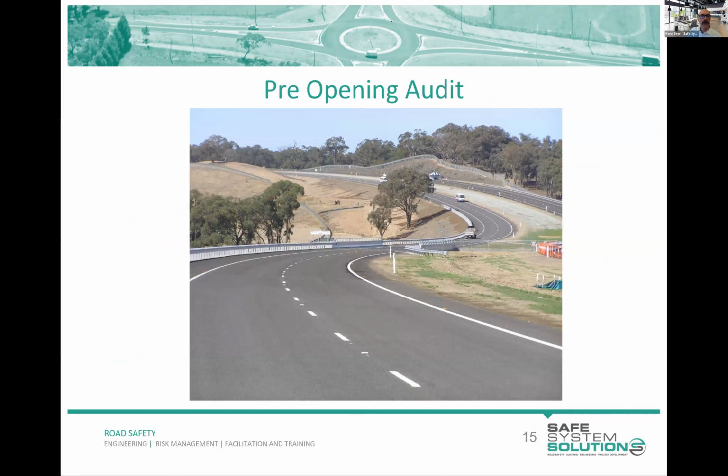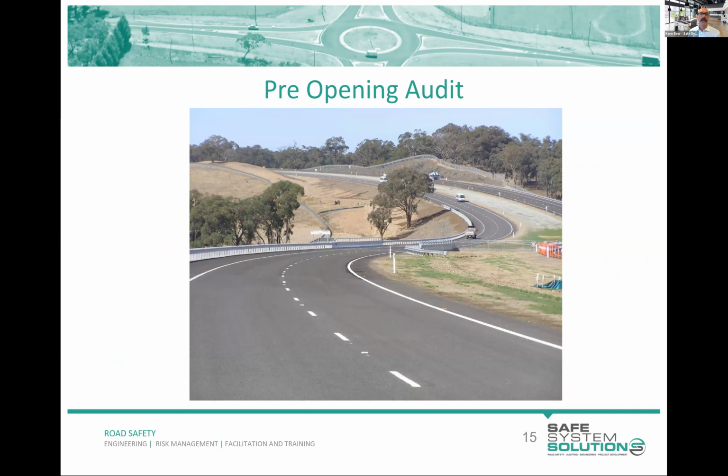Pre-opening road safety audits are, as I say, before the ribbon gets cut or the facility is opened. And again, this, in my experience, is mainly done on fairly large projects, greenfield style sites, and like this one here, which is part of the Calder before it opened.